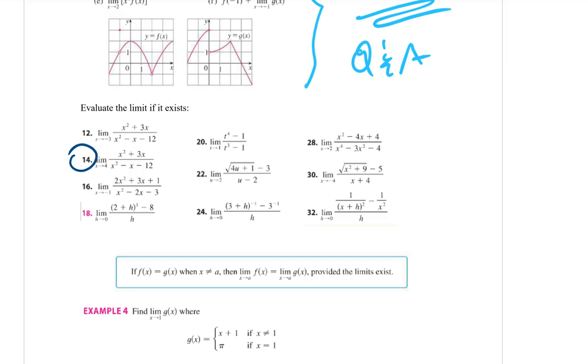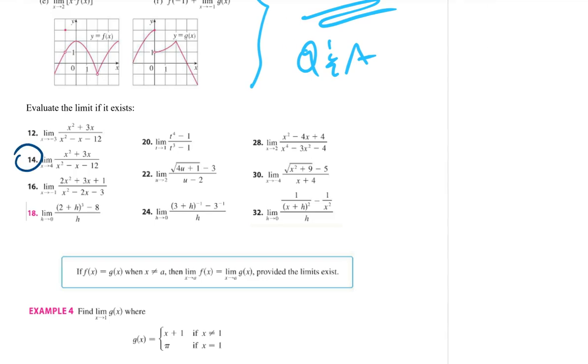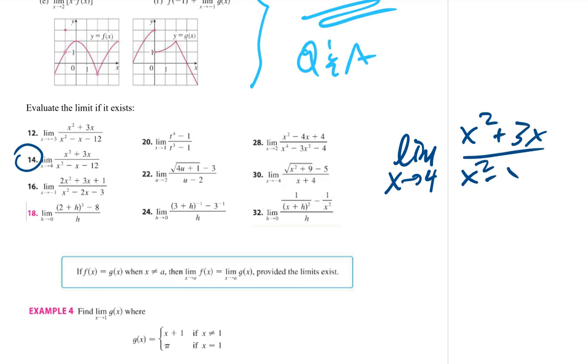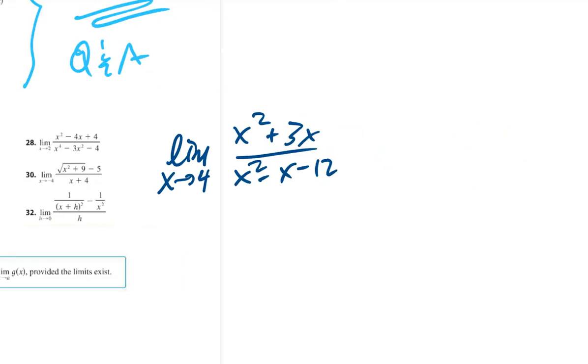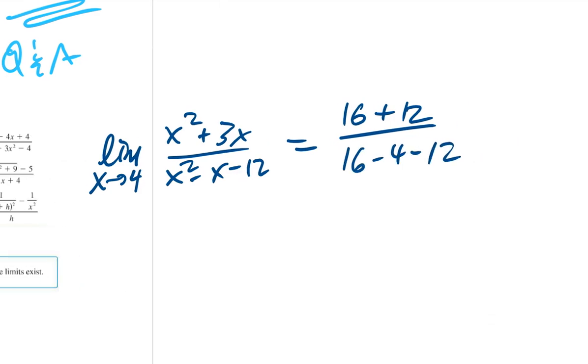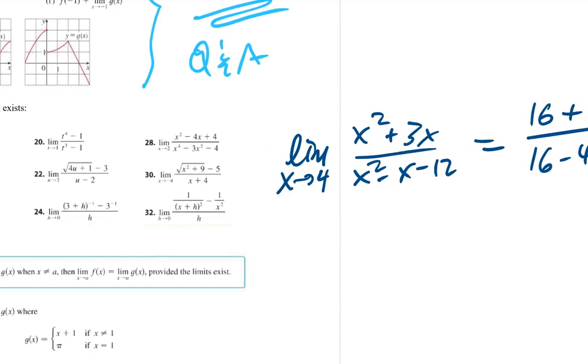Let me do 14. So 14 says the limit as x goes to 4 of x squared plus 3x over x squared minus x minus 12. Now, if you just plug 4 in directly, you get 16 plus 12 over 16 minus 4 minus 12. So, is that a plus on the top?